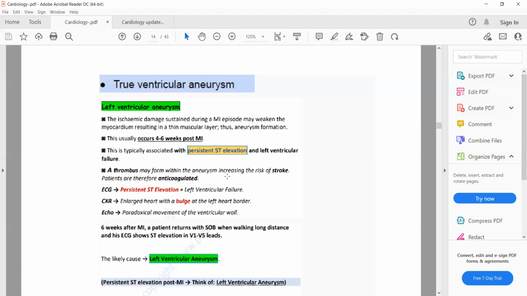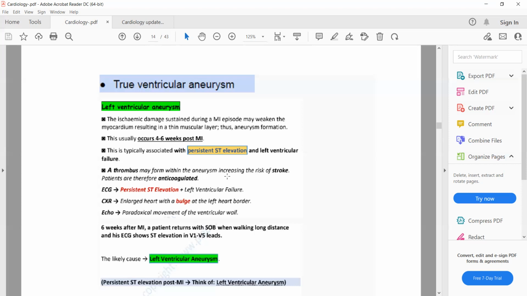So ECG will show persistent ST elevation. Chest X-ray will show enlarged heart with a bulge at the left heart border, and echocardiogram will show paradoxical movement of the ventricular wall. So any of these three hints can be given in the question.